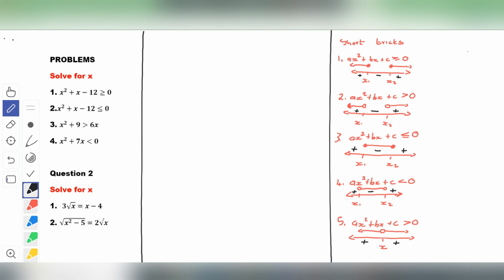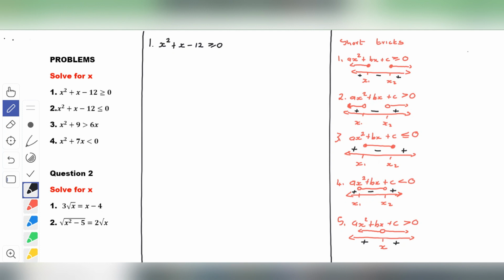So let's start with the first question, which is x squared plus x minus 12 greater than or equal to 0. We are instructed to solve for x, but because we have greater than or equal to, it represents an inequality, right?